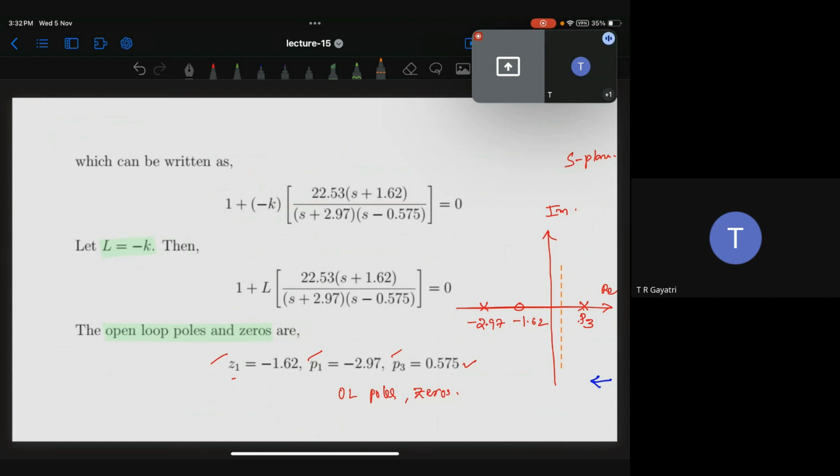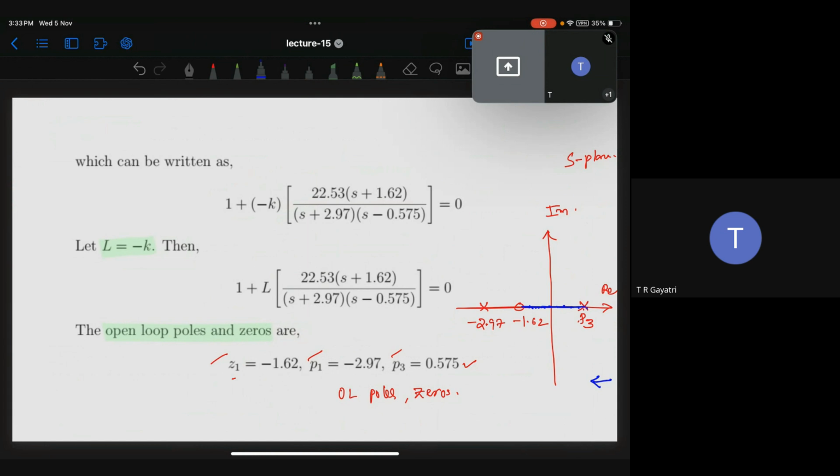One. It means that if you consider any of these points, if you draw this dashed line, up to that point you'll have one, correct? Yes, sir. So this will be on the root locus.